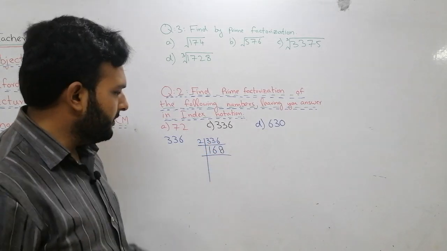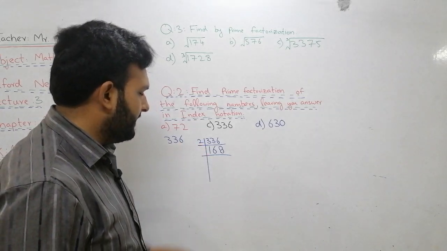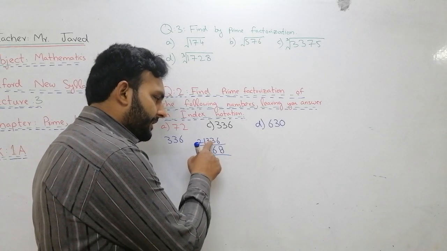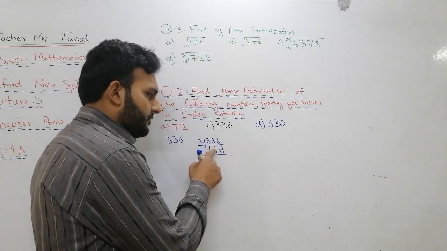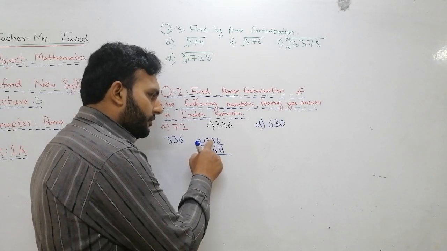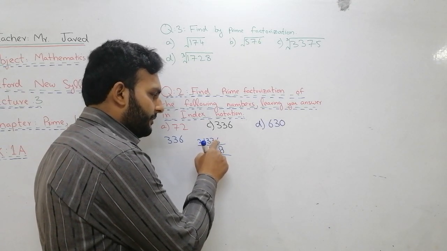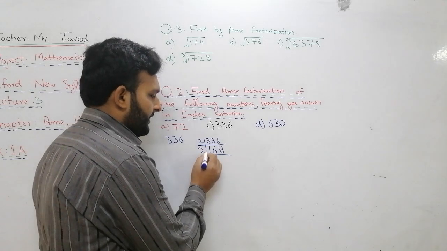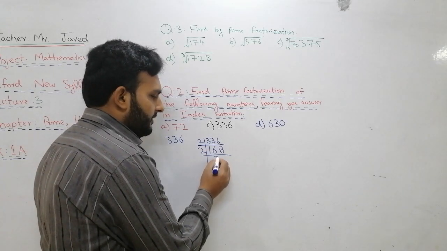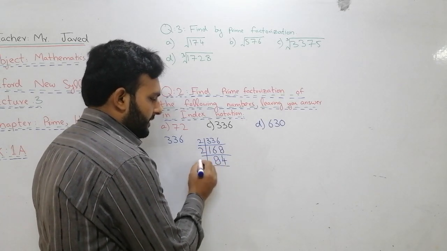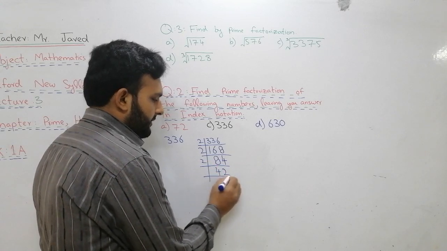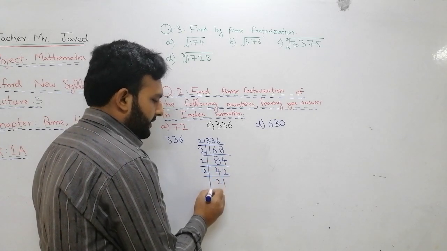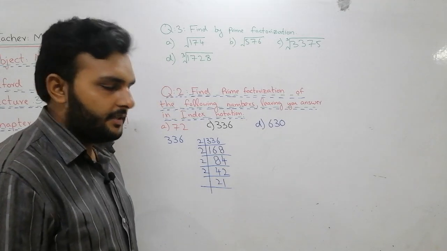I will repeat for you. 2 ones are 2, 1 remains here, it becomes 13. 2 sixes are 12, it is 13 now, so 1 remains here, it becomes 16. 2 eights are 16, 2 fours are 8, 2 twos are 4, 2 ones are 2. After that it is not divisible by 2.